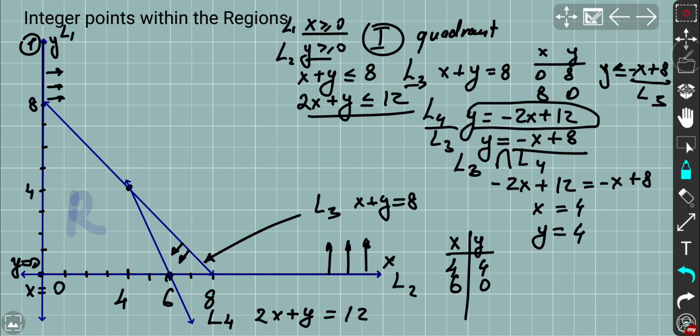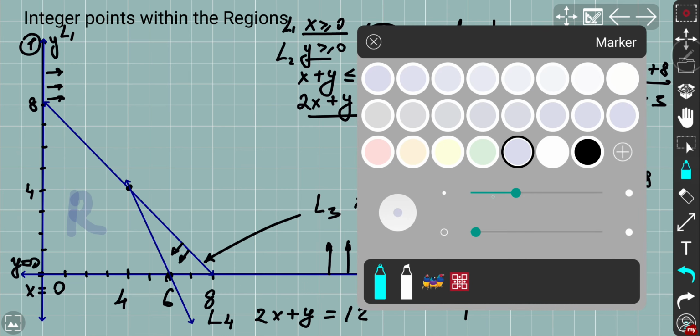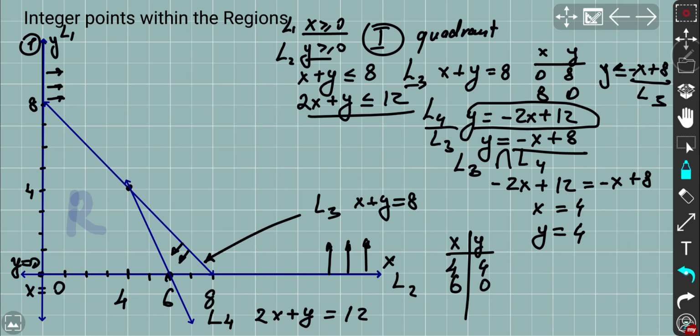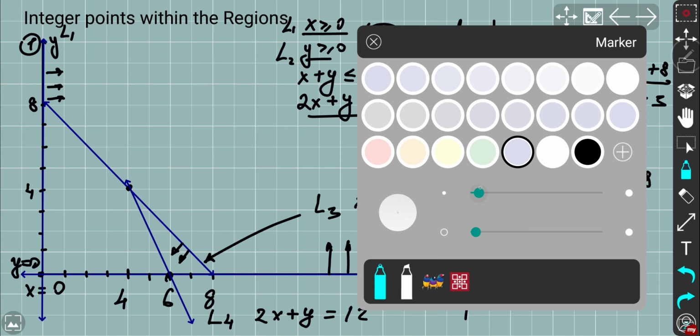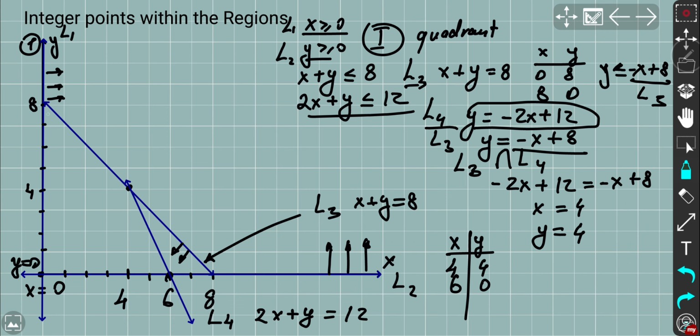Not so good, so what I'm going to do is make shadings there inside. I use, let's say, that greenish one, and I want to shade the region that is the solution for problem 1. Okay, so that's the region.